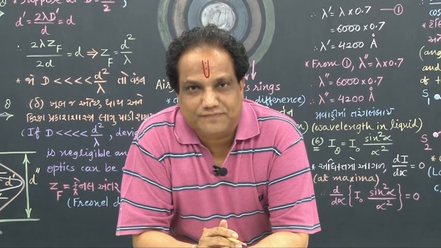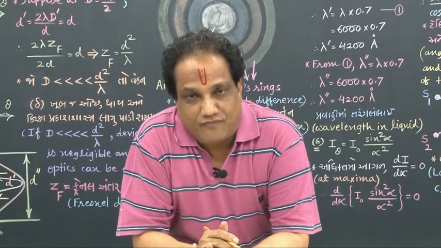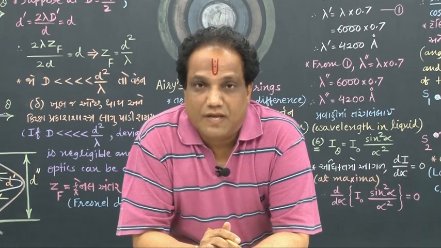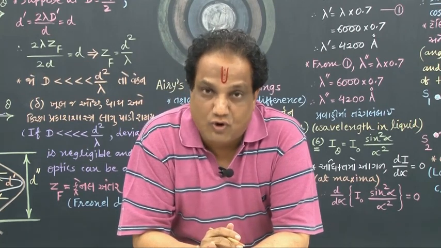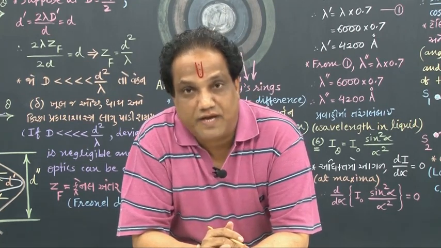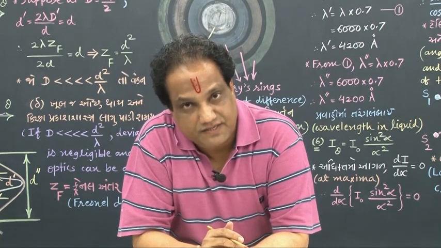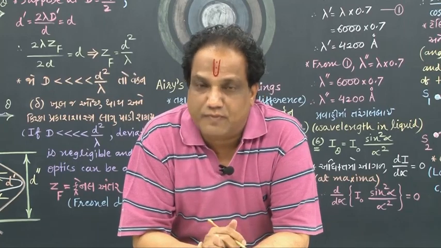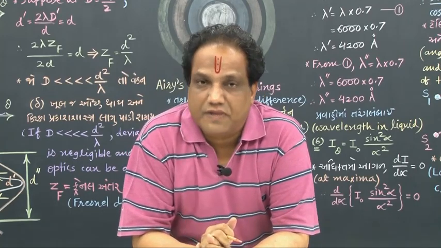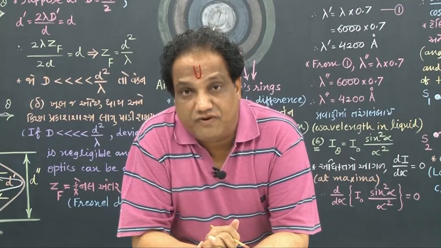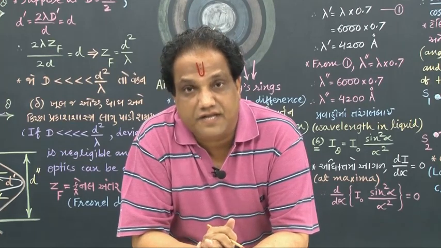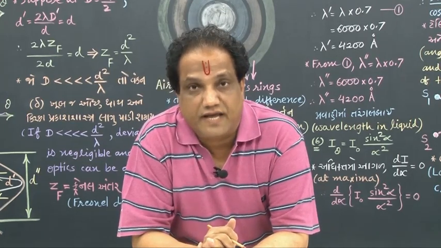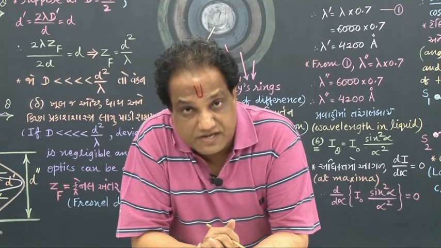Come on, my dears. Last time we had seen about diffraction of monochromatic light produced by a single slit, correct? Fraunhofer diffraction of a monochromatic light produced by a single slit. Fine. Now, in that we had obtained one formula regarding intensity of light at angle of diffraction theta.